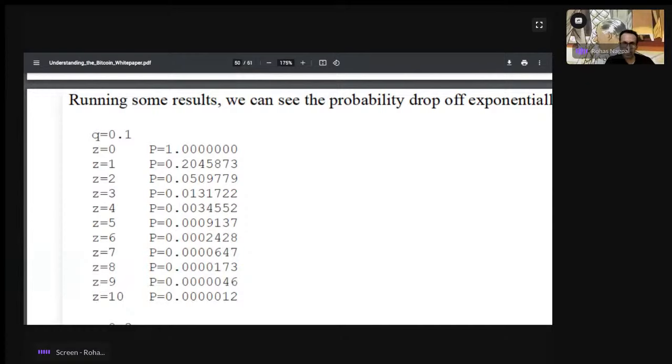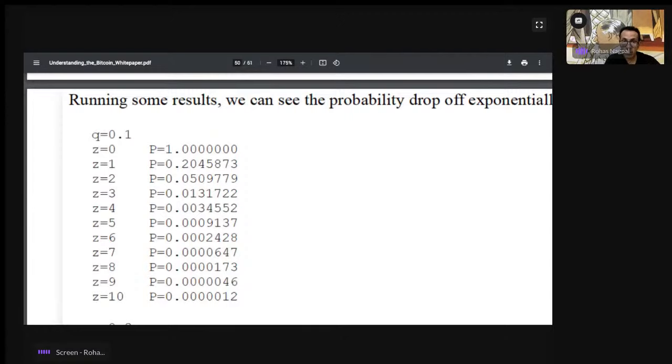As we go step by step, if the bad guy is 3 blocks behind, the probability is 0.01, 0.03. And you remember I told you we always wait for 6 blocks. At the 6th block, the probability has become 0.0002. So the probability of the bad guy catching up is very low. And as the number of blocks increases, this probability becomes less and less. By the 10th block, we can see it is so low.